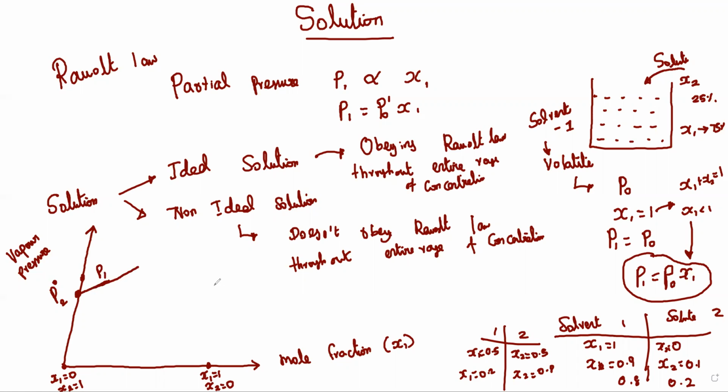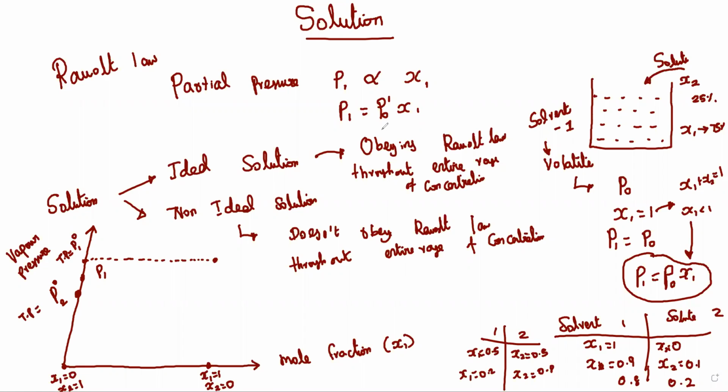When x1 is equal to 1, the partial pressure of first component will be equal to our total pressure. Here the total pressure is equal to the partial pressure of first component, and here the total pressure is equal to the partial pressure of second component.